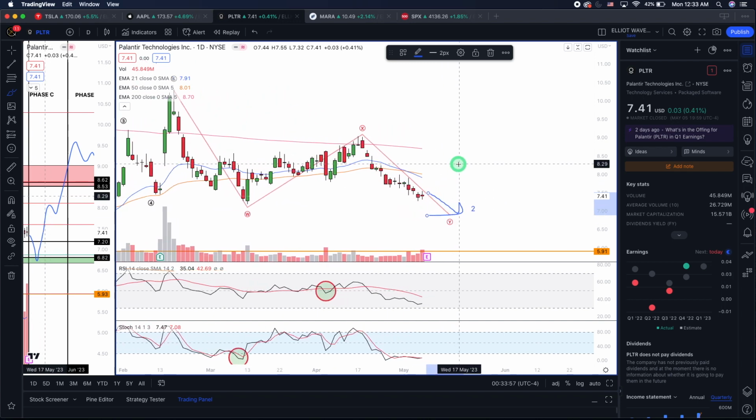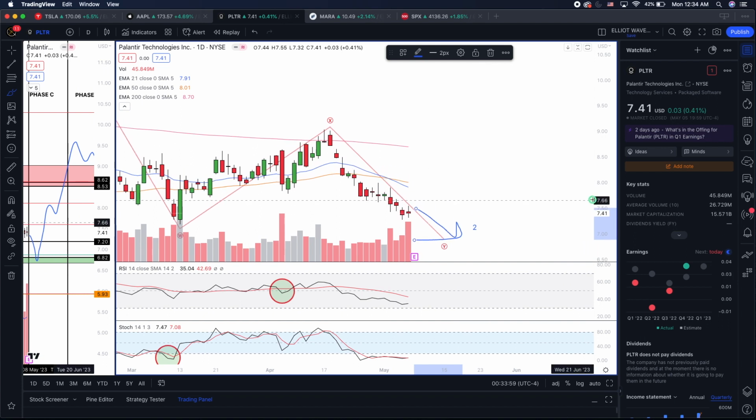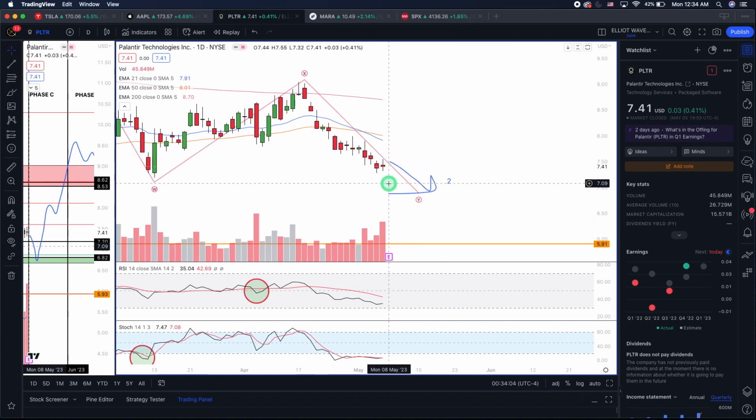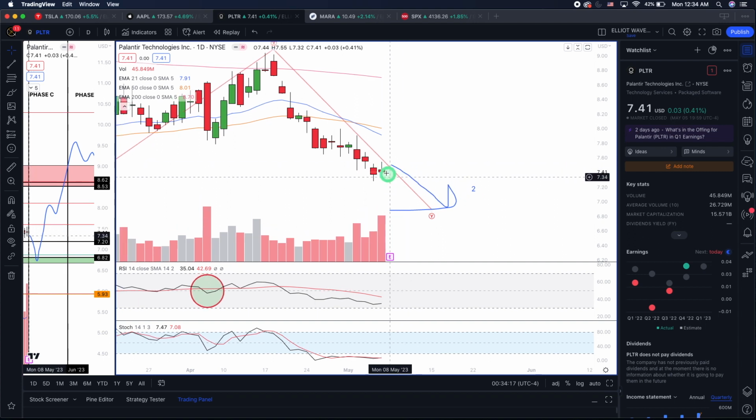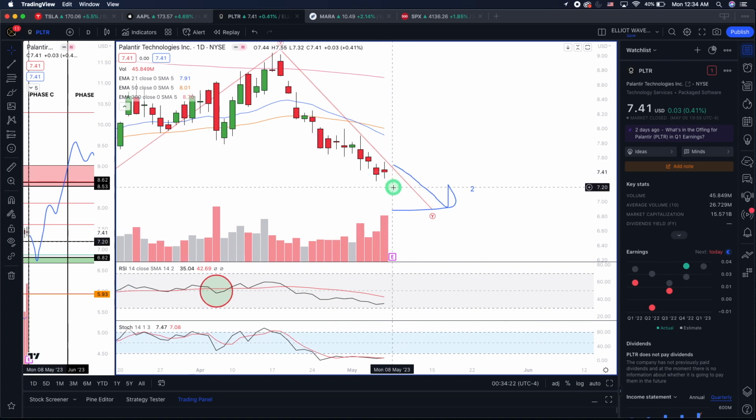I guess the only sign that you could possibly take, now that I'm looking at it, something that I missed, is just this candle pattern right here, which is kind of like a doji candle showing some sort of uncertainty, but in and of itself, it's not a reversal. It's just uncertainty. So we want to see a strong move.